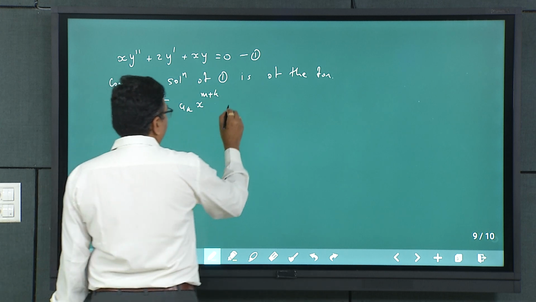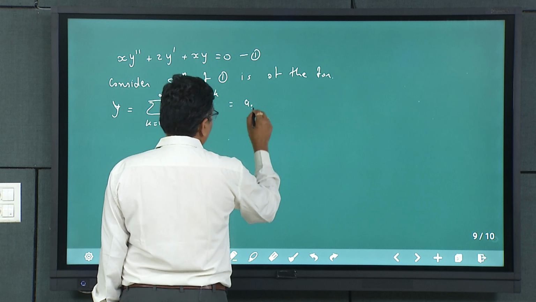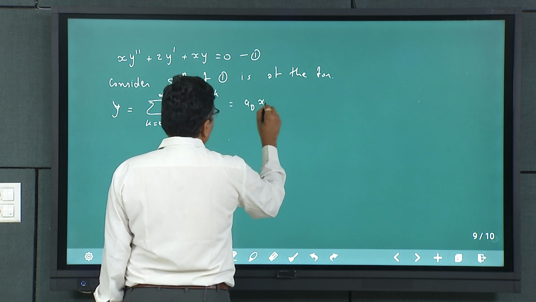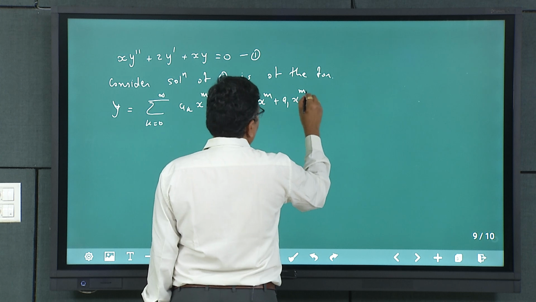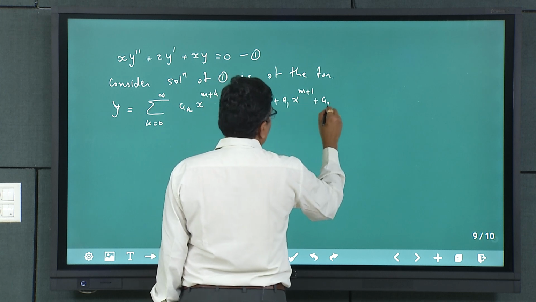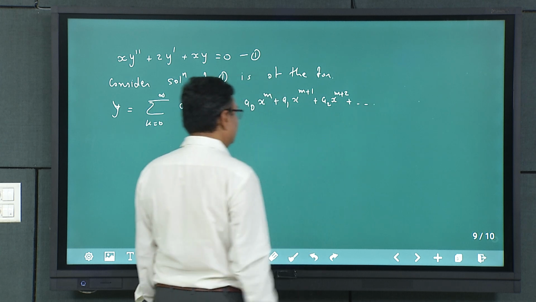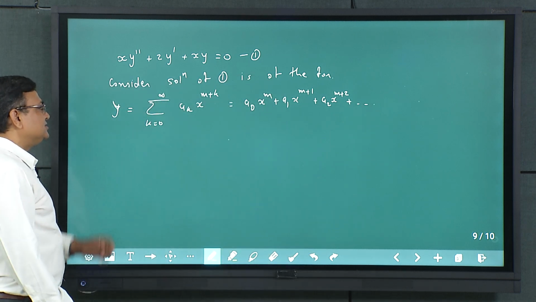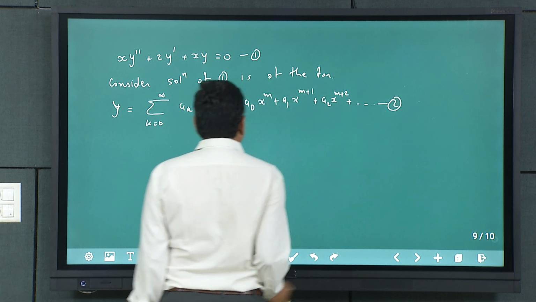It means that this is equal to a0 x raised to power m plus a1 x raised to power m plus 1 plus a2 x raised to power m plus 2 and so on. So consider this as a solution. Let us take this as 2.